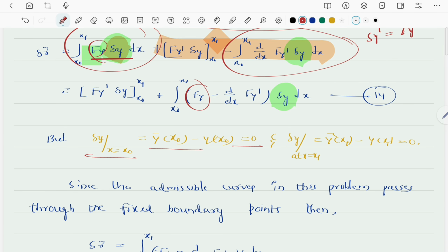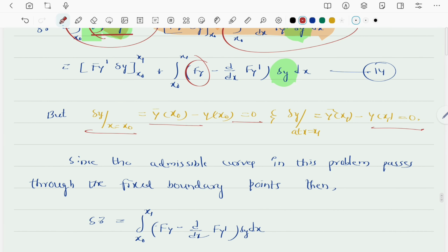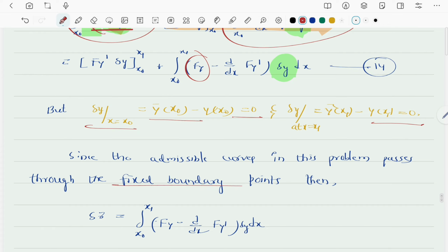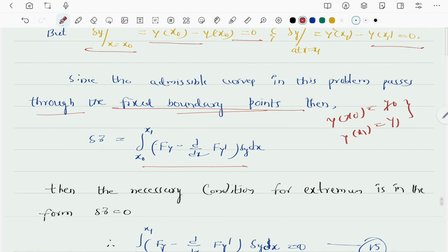Since the admissible curves in the problem pass through the fixed boundary points, y of x0 is equal to y0 and y of x1 is equal to y1, the variation delta gamma is equal to the integral from x0 to x1 of fy minus d by dx of fy dash into delta y into dx.